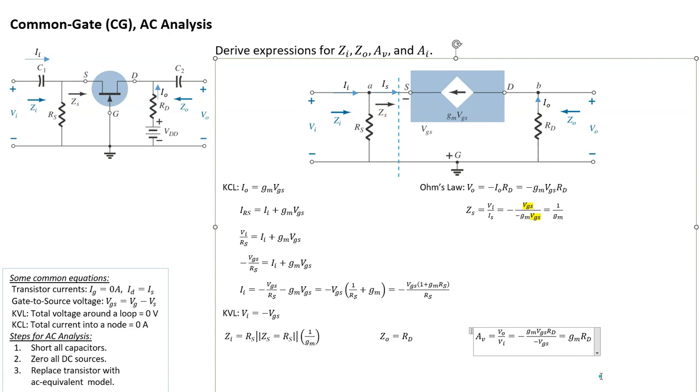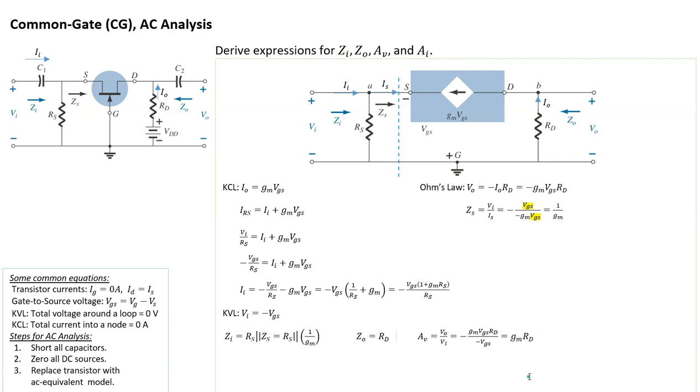Now looking at AI, we can do a similar thing. Let me just adjust this a bit so that I'll just continue writing on the right hand side. Here I'm going to write for AI. Now AI is defined as the output current divided by the input current.